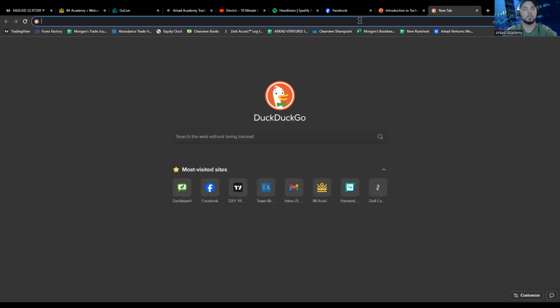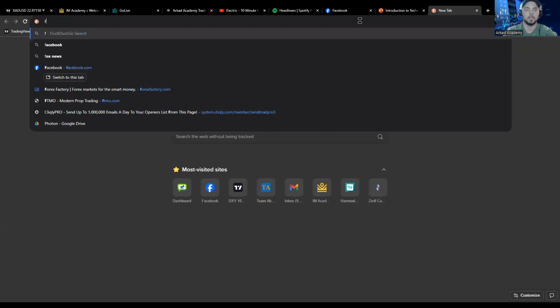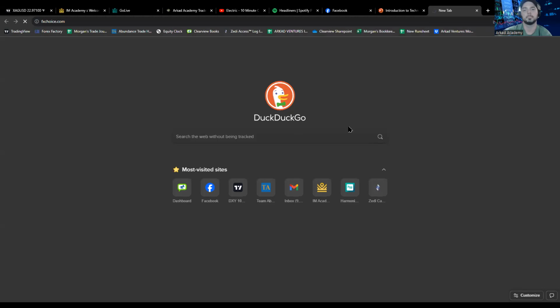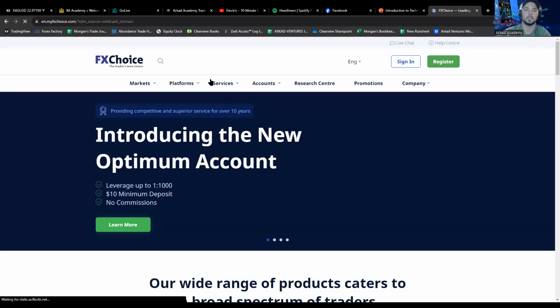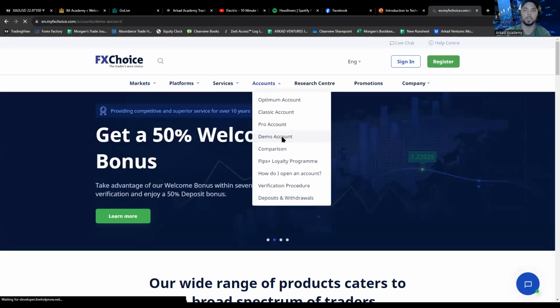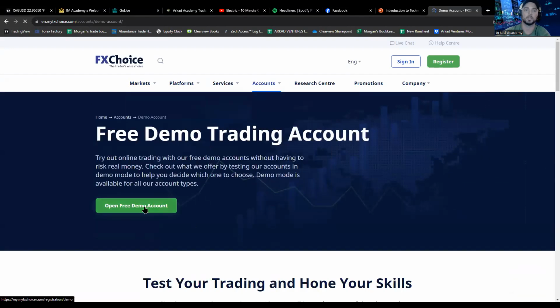Well, you always want to start out in a demo account. We call it paper trading. You can have the exact same feel of trading, but you're not actually risking any money. You can open a demo account with any broker and just paper trade.